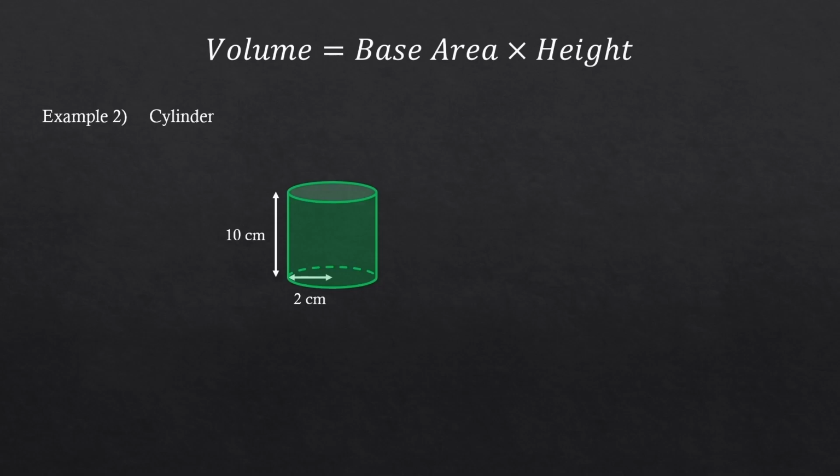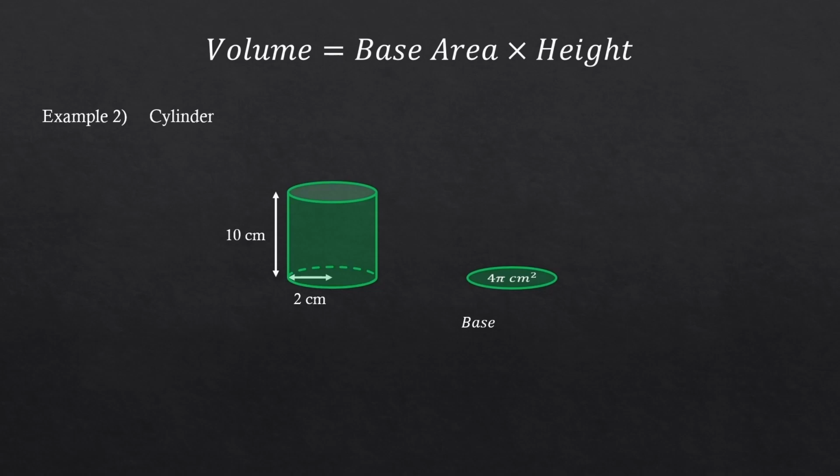Yes, let's think about it. What is the base of this cylinder? It's this circle, right? And what is the area of this circle? Pi r squared, so 4 pi centimeter squared, right?